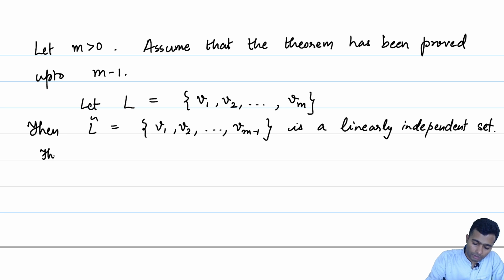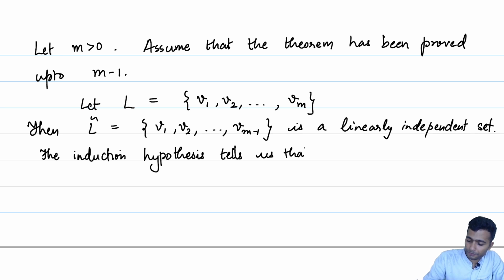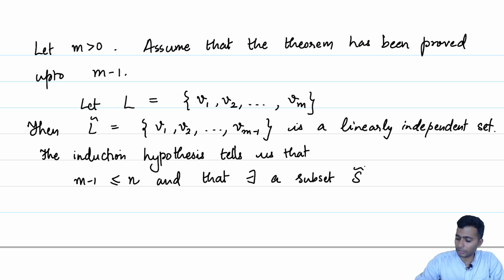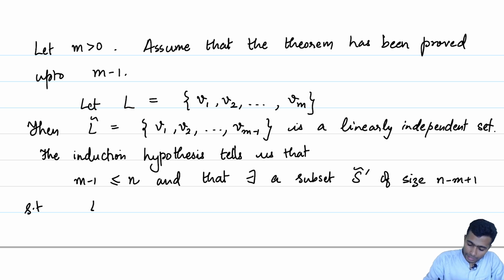So, the induction hypothesis tells us that m minus 1 is less than or equal to n, and that there exists a subset, corresponding to L tilde, S tilde prime of size n minus m plus 1, such that L tilde union S tilde prime is a spanning set.